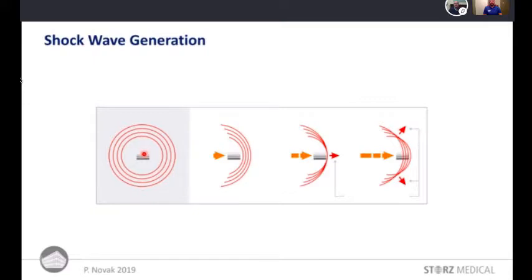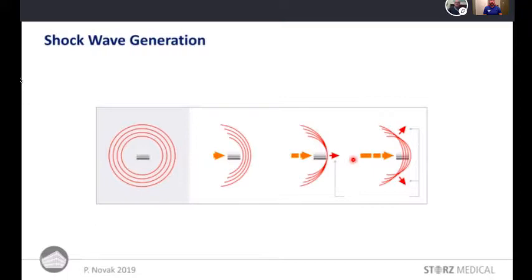If you have an object which emits sound or pressure waves in general, and this object is moving, then, as you can see, the waves are getting denser, the wavelength shorter, and the faster the body is moving, as it comes to the speed of sound in the same medium, then it becomes a shockwave.